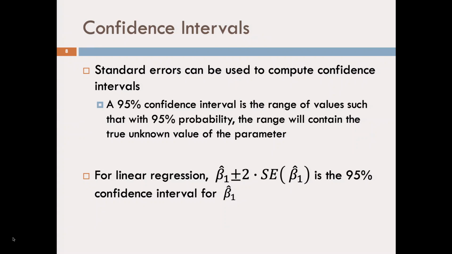So given the linear regression, we just get our estimated coefficient, okay? And add and subtract 2 times the standard error that we just calculated before, right?